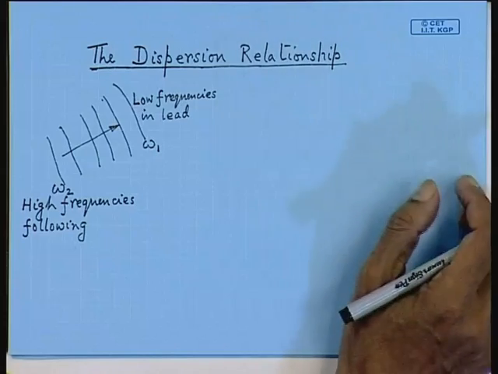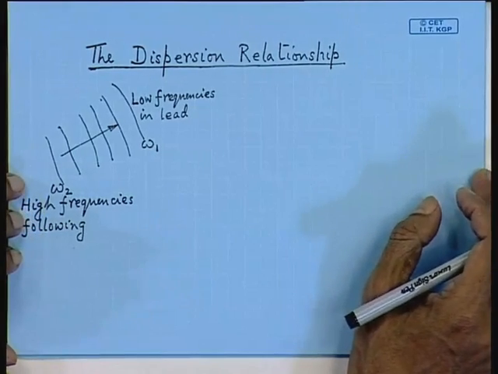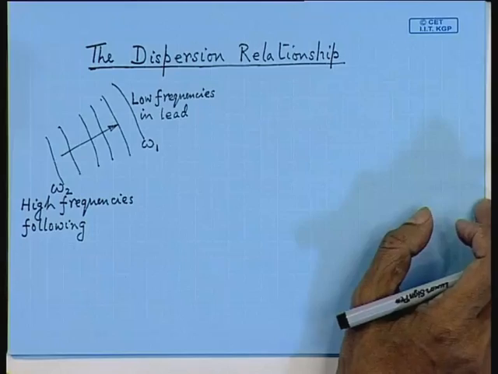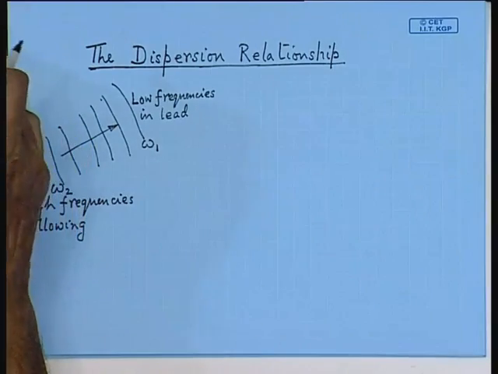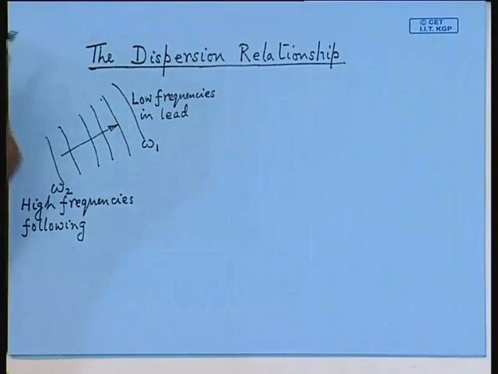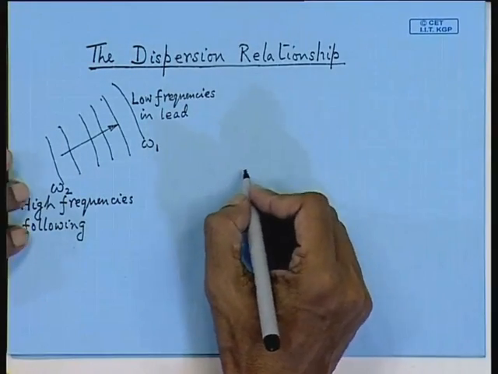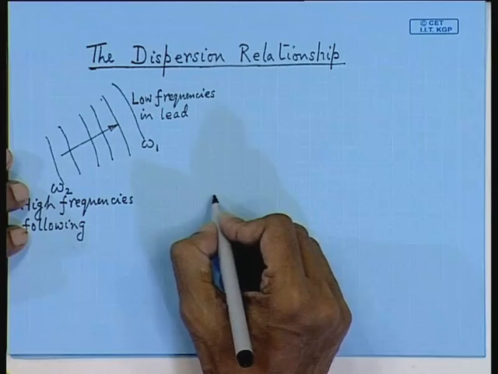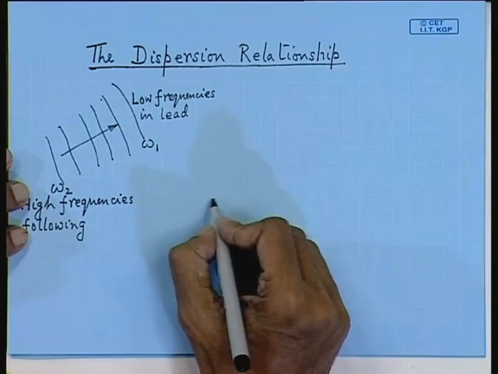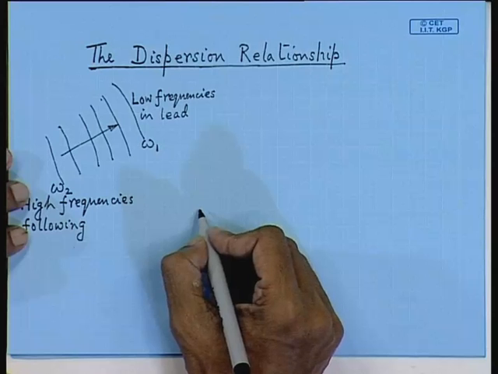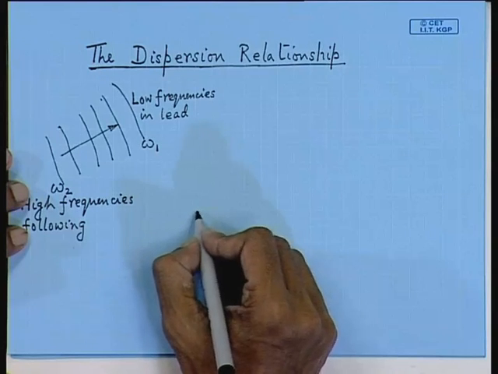Now if you look at this diagram, to find this dispersion relationship, we have to calculate this value of omega. Now if you look at the diagram, that is your boundary conditions. So what are the boundary conditions?